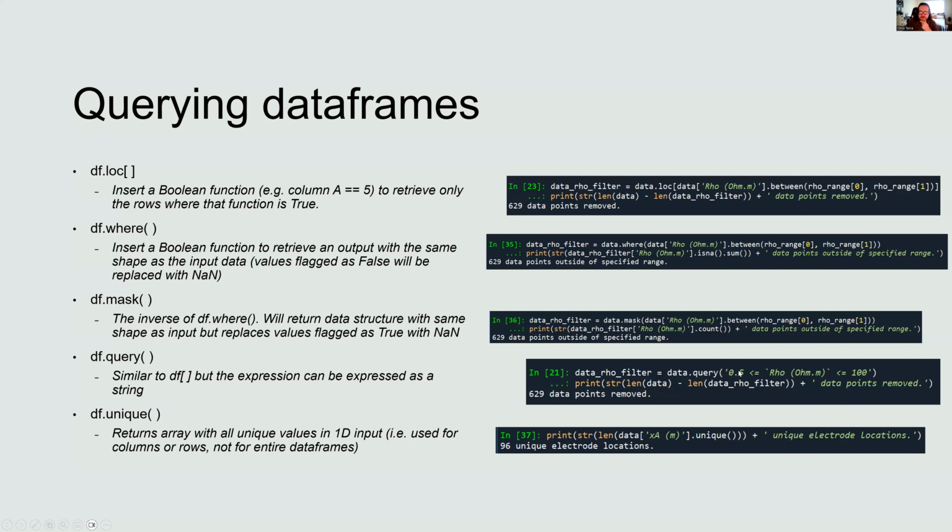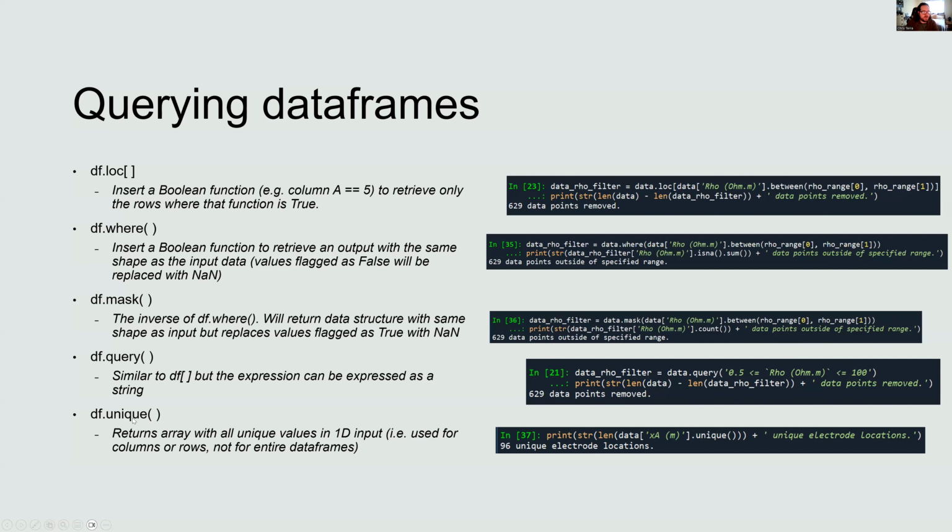So you can see here the data range I was going with was 0.5 to 100 ohm meters, as opposed to using dot between and getting all Python-y about it and getting the two endpoints of the range. You can just put it in as a string and say, all right, your column of row in ohm meters is greater than or equal to 0.5, less than or equal to 100. And there you go. Removes the same amount of data points.